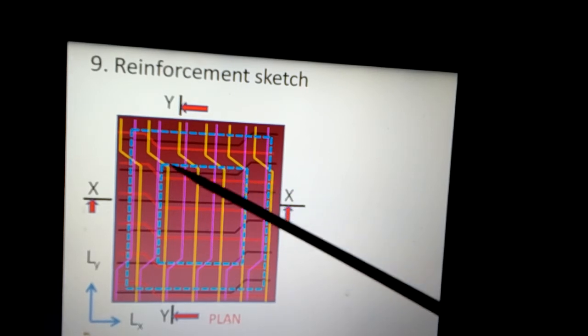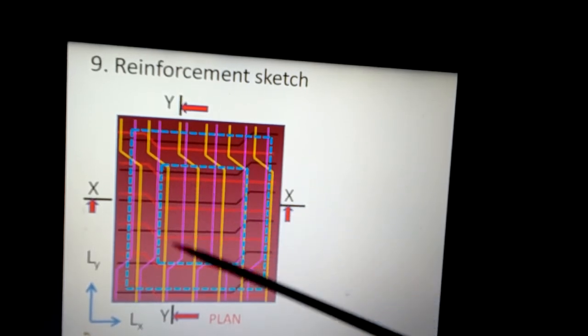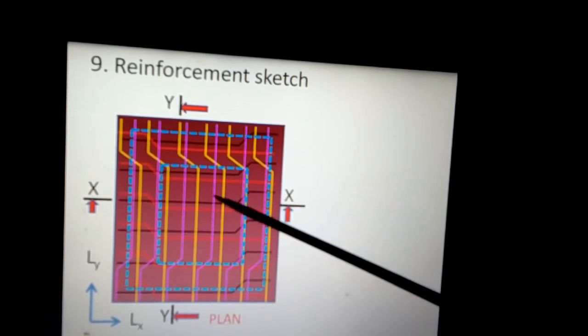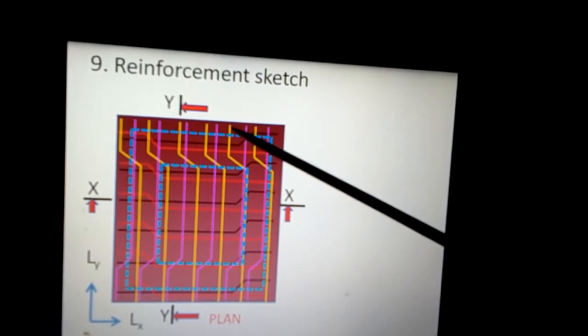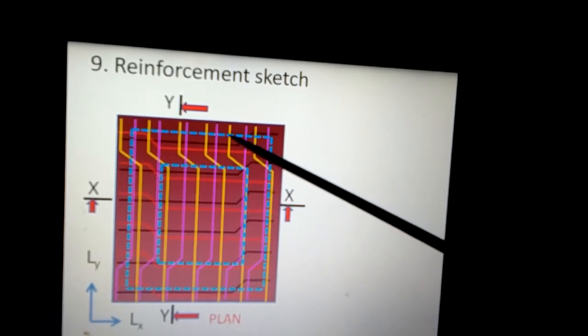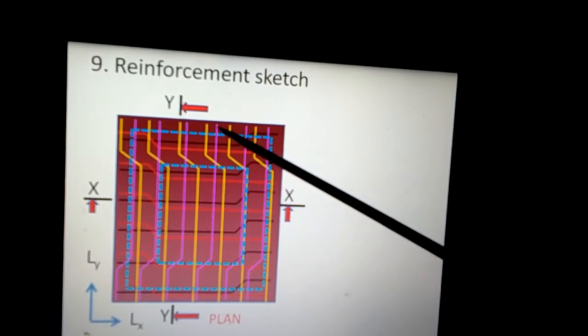But in the middle strip area, you can see here in the dotted line, all the bars are near the bottom of the slab. So this is the mesh formed near the bottom of the slab, but near the top of the slab in the edge strip, 50% of the steel bars of the middle strip is provided at the top of the slab as bent up bars, and 50% of the bars are again at the bottom of the support.